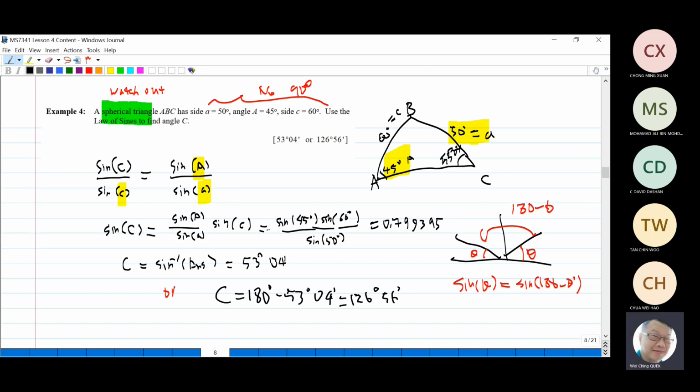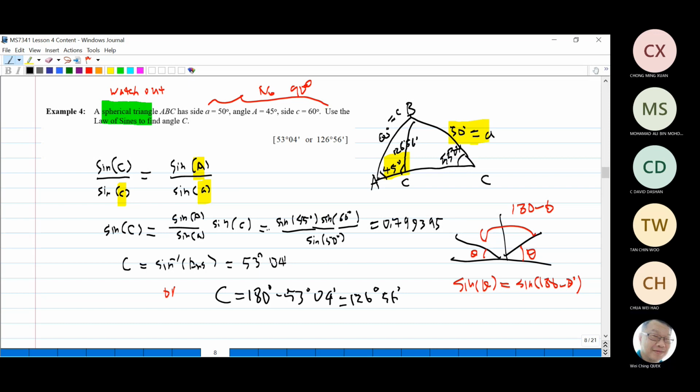This is also another possibility if you draw the triangle differently. If I draw it this way, with C here, this angle is 126 degrees 56 minutes.